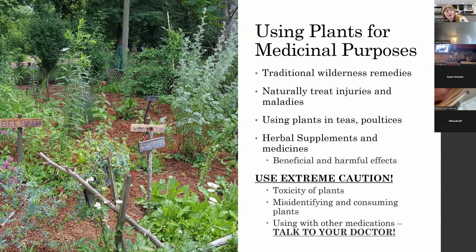Because here's the thing, a lot of the plants we're going to talk about today, although they're medicinal, the compounds are extracted from these plants, and it very well may be this teeny tiny minuscule amount of compound that's used, to the point where if you were to actually consume the whole plant or even a part of the plant, it might be too concentrated with that compound that it could be very, very toxic to you, and even in certain cases fatal.